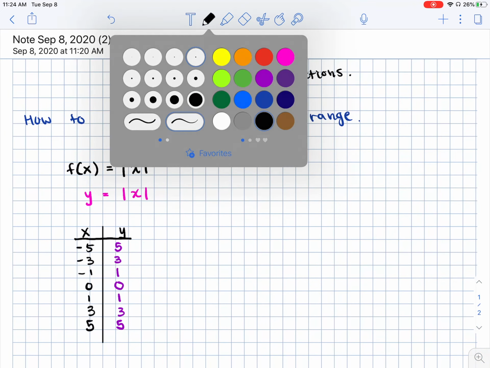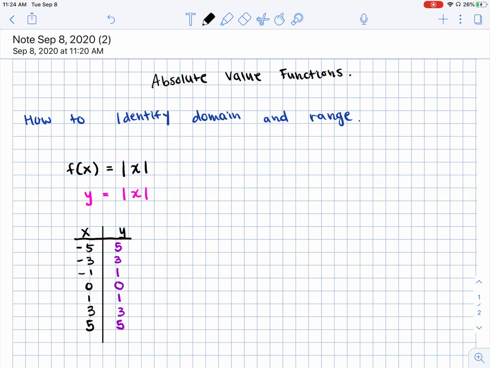So you might wonder, Miss So, why did you just create a table? The reason why I did that is so that I could graph. So here I created my XY coordinate plane, just labeling my grid.